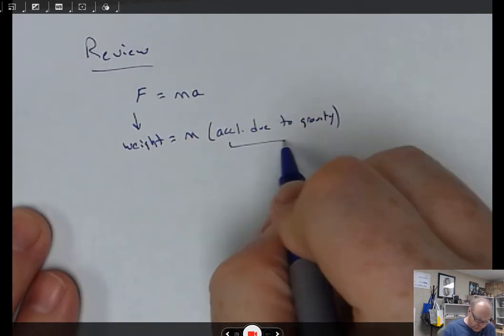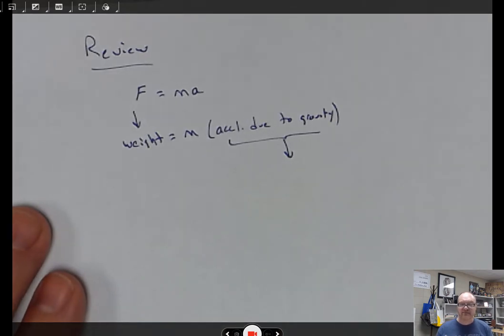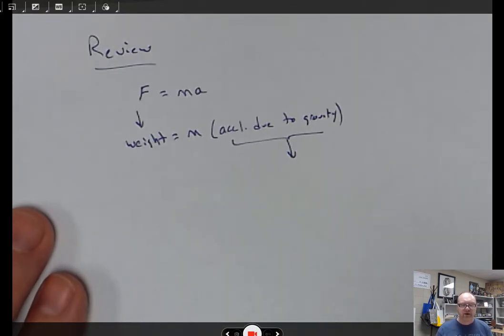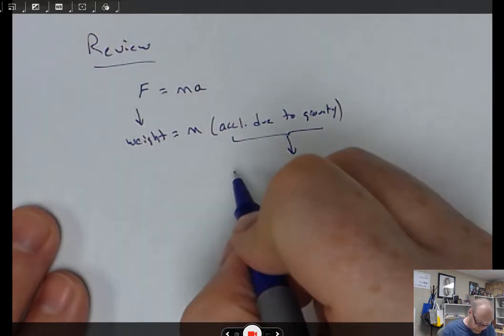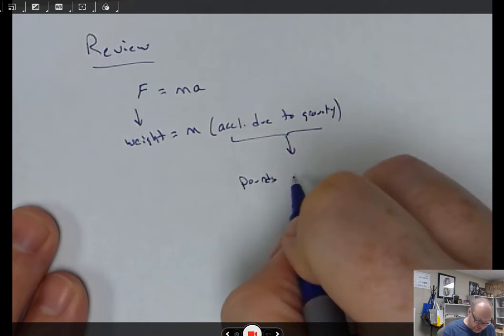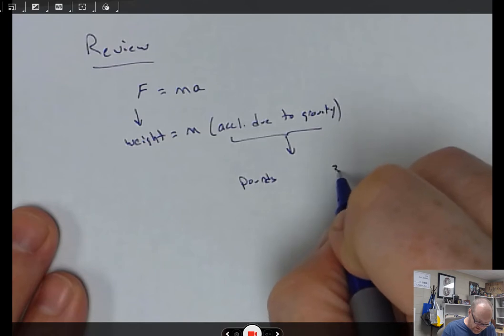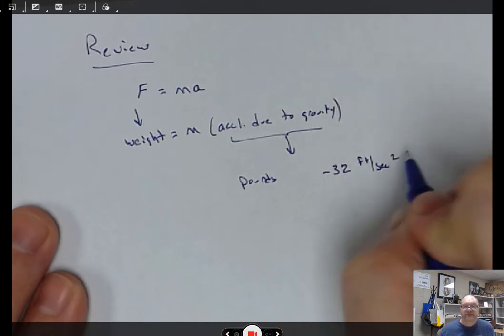This acceleration due to gravity, that value is constant, but it hinges on what measurement system I'm using. So in standard units, if I'm using pounds, then the acceleration due to gravity is a negative 32 feet per second per second.